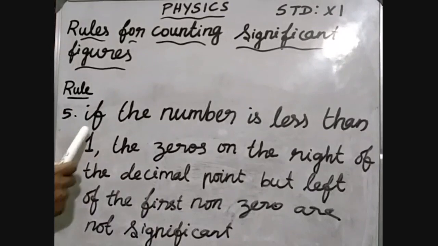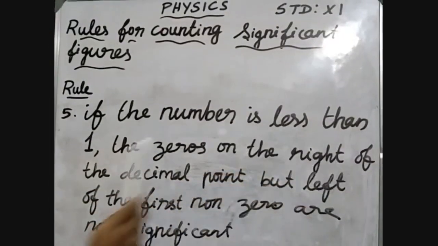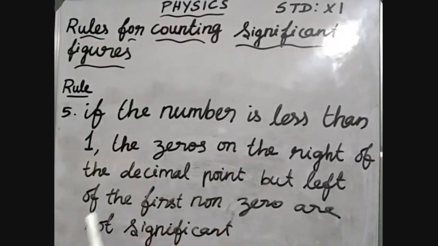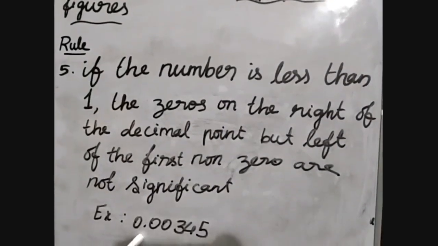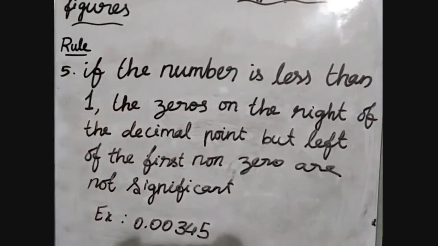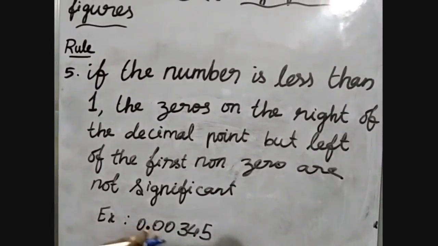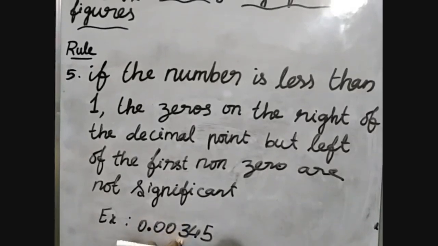Fifth rule, if the number is less than 1, the zeros on the right of the decimal point but left of the first non-zero are not significant. For example, this number is less than 1. Here we have 2 zeros which lie right of the decimal point and left of the first non-zero digit 3.